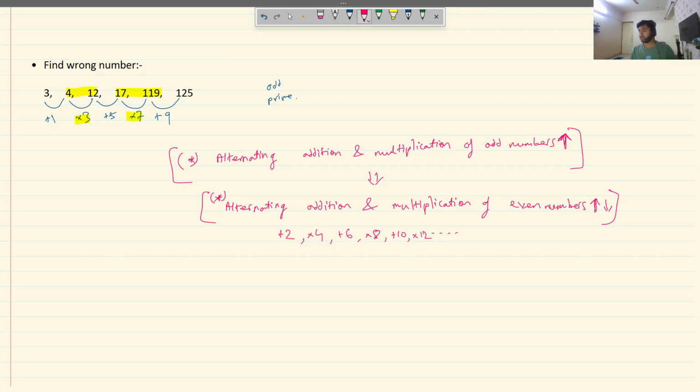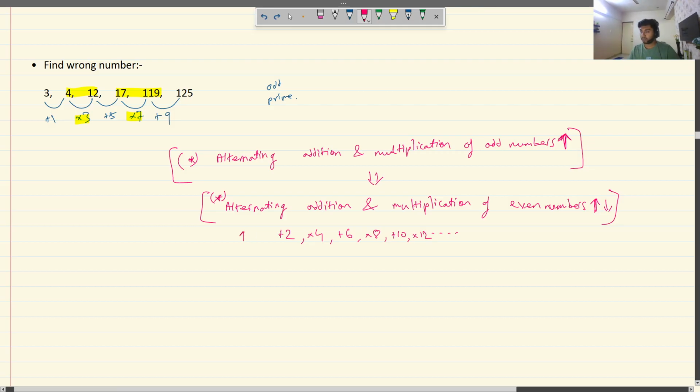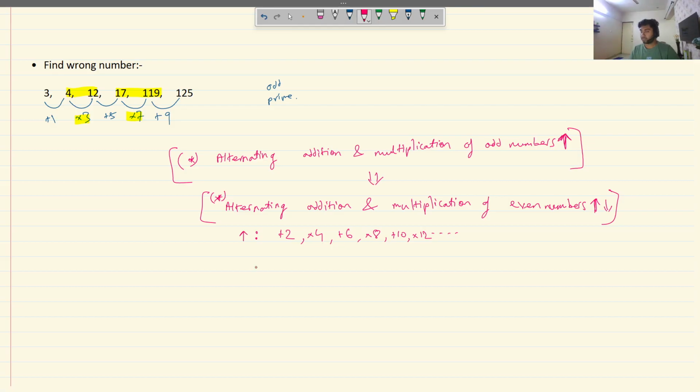Each of the integers is even and keeps on increasing, from 2 to 4, 4 to 6, 6 to 8. This is what I mean when I have used the up arrow. The up arrow means the numbers keep increasing, and the down arrow means the numbers keep decreasing, the reverse of this.